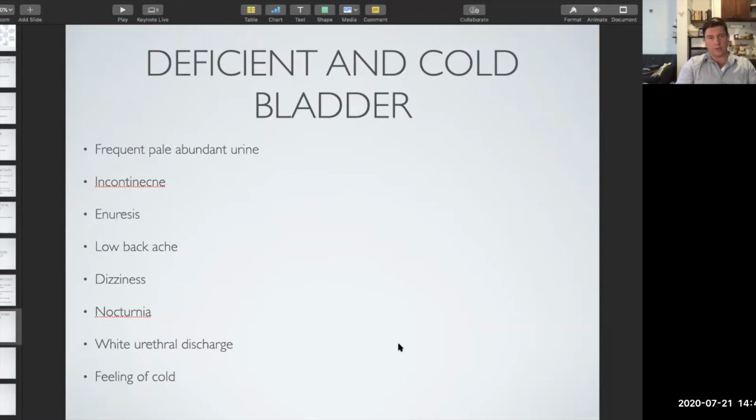And are you properly recycling fluids? So, for example, a person can drink 1.5 gallons of water every day, urinate 1 gallon every day and sweat a ton and still be dry inside because at no point did that water become fluids within their system. In that case, on the one hand, great, they're drinking a lot, they're urinating fairly clearly, that's good. On the other hand, they're dry, so it's not working.